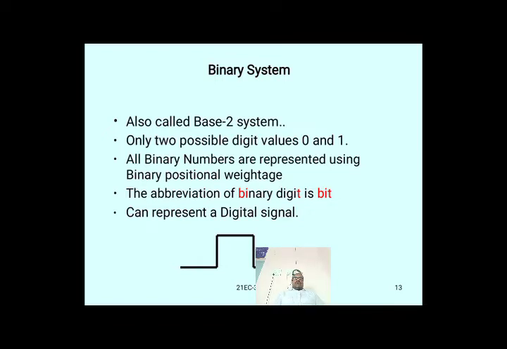I have already told that the binary system is used for forming digital signals, and it has two digit values, 0 and 1, and these binary numbers are represented by using their binary positional weightage. The shortest form of binary digit is bit.